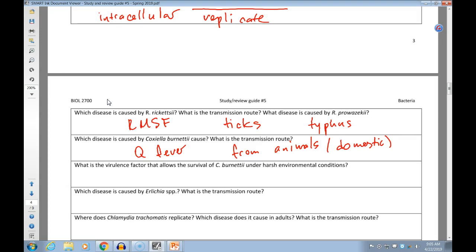Virulence factor: if you see survival under harsh environmental conditions in this bacterium, it's the endospore. Ehrlichia causes ehrlichiosis, transmission route ticks. Am I clear? You do not need to know, for instance, that Ehrlichia phagocytophila infects monocytes. Does that make sense?